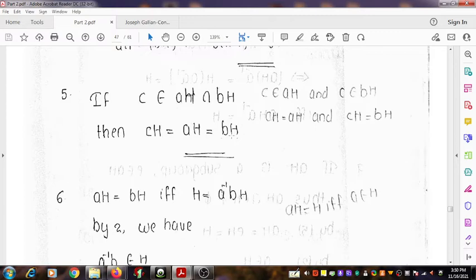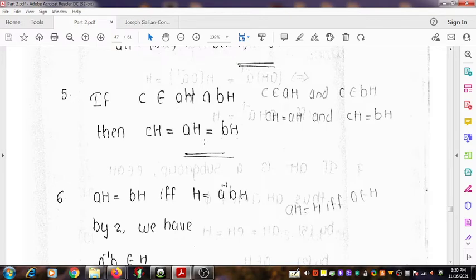Since C is an element of AH, and in the same way, since C is an element of BH, and also CH. Therefore, C is an element of AH and C is an element of BH, and CH equal to AH and CH equal to BH.